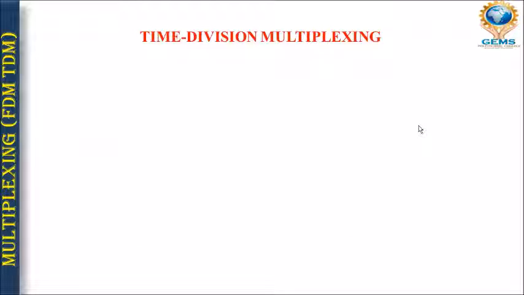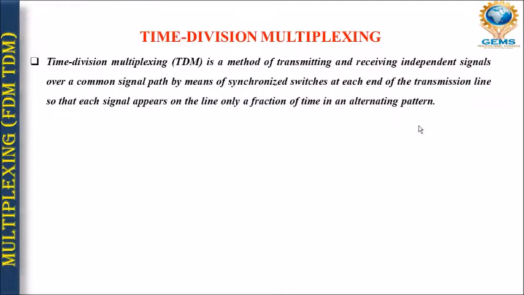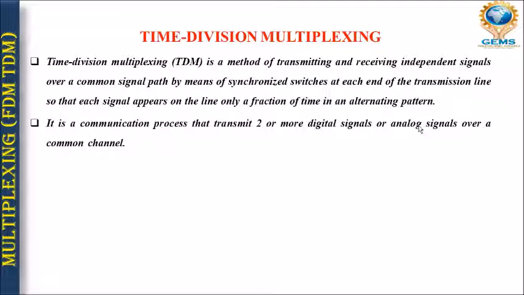So let's talk about time division multiplexing. In time division multiplexing, the input signals are transmitted over a single channel using switches. These switches are basically clock signals, which are synchronized with the input signals for transmission, and these input signals are independent of each other while traveling through the transmission media.